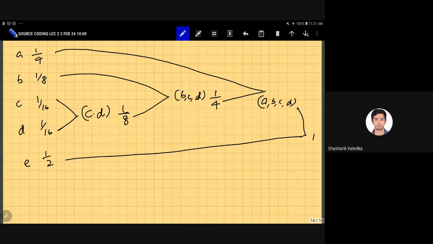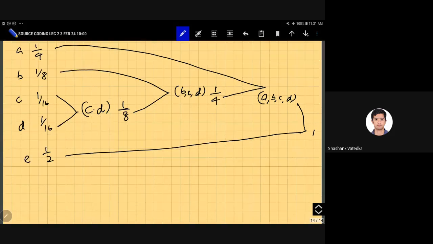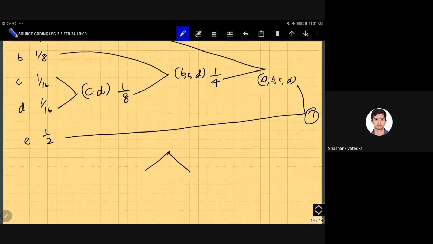Right? So if I view this in the form of a tree, starting with this as the root, I have the following tree.